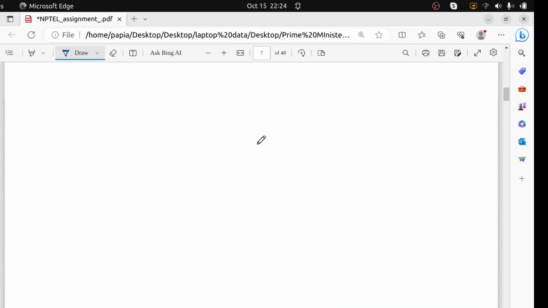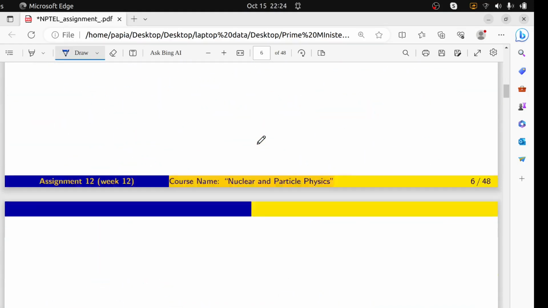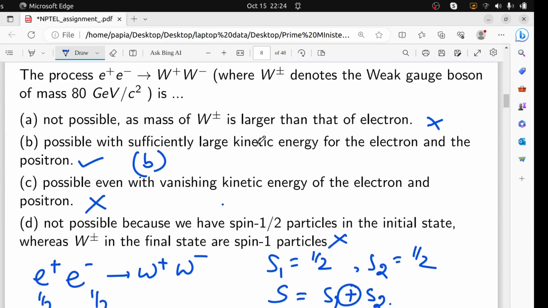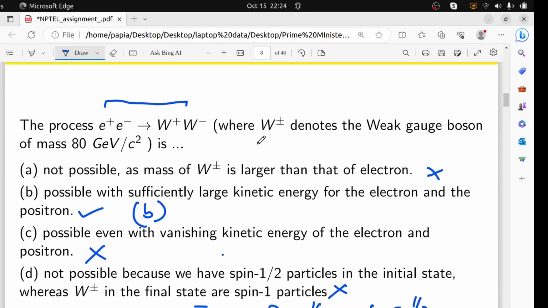Then the next question: the process E plus E minus going to W plus W minus, where W plus minus denotes the weak gauge boson of mass 80 GeV by c square, is possible with sufficiently large kinetic energy for the electron and positron.